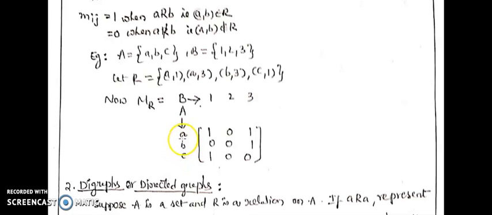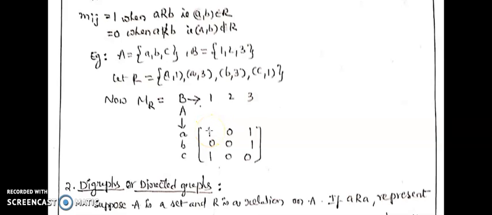Now we consider each of the 9 places of the matrix corresponding to the 3 elements of each of the 2 sets. The relation matrix here is a 3 by 3 matrix with 9 entries. Now to fill in all these 9 entries, we apply the rule of forming the relation matrix.